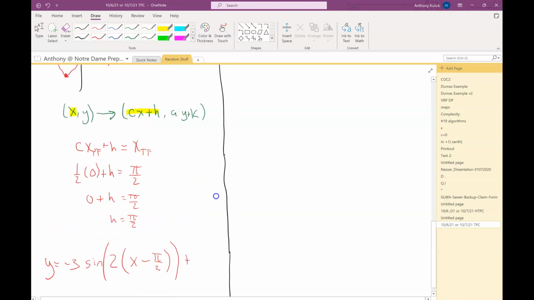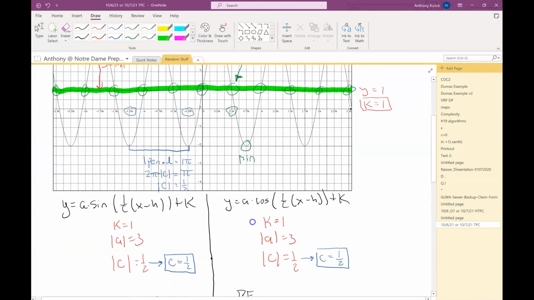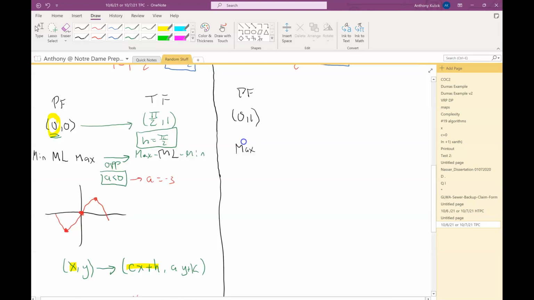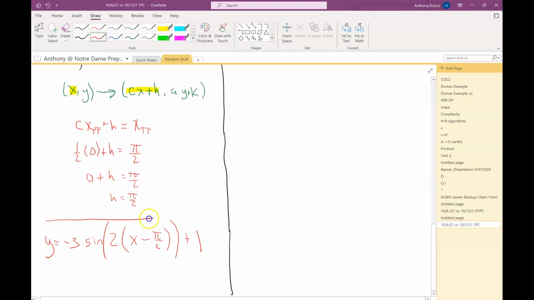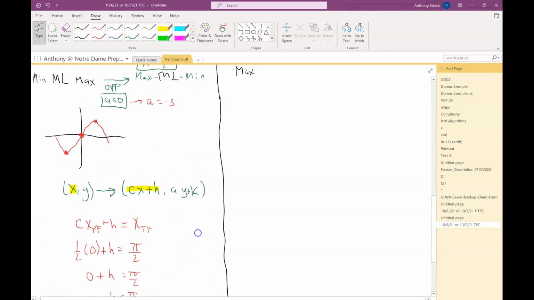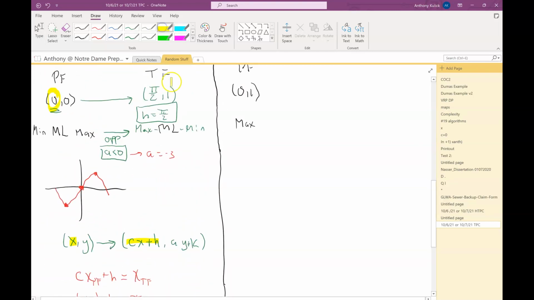And the k in this case was, what was it? 1. So there's my answer, or an answer. There's infinitely many. Depending on which point you chose, you could have gotten a different answer with a different h, but still correct.